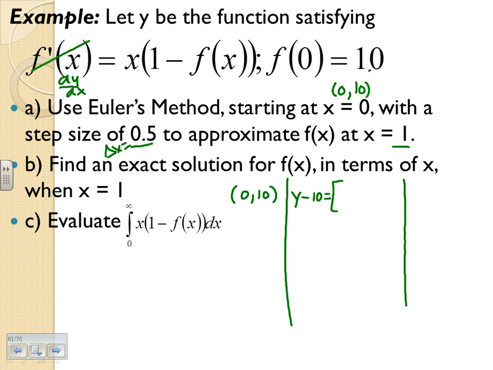When I do my slope here and plug it all in, I'm going to use this big bracket so I don't get confused. Even though I see a 0 being multiplied, f of 0 would be 10 times 0.5. All of that is just 0 though.